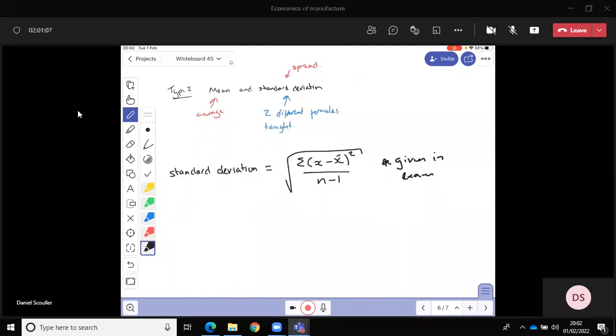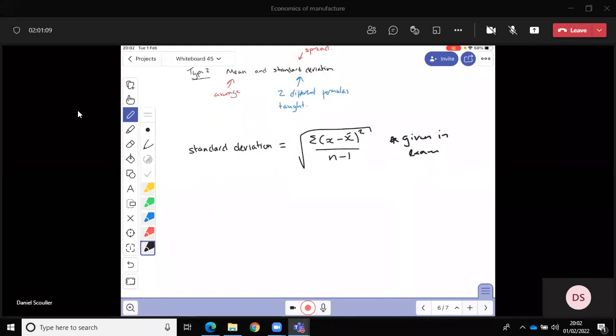Okay, so let's just go through what each of those different letters means, each part of that equation. That first x is just each number. Now that will make sense when we go through an example. That x bar, the x with a bar above it, that second term, that's just the mean, or the average.